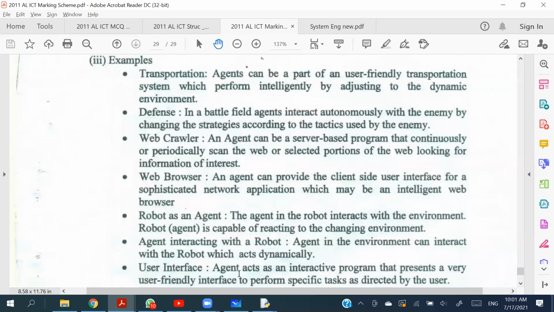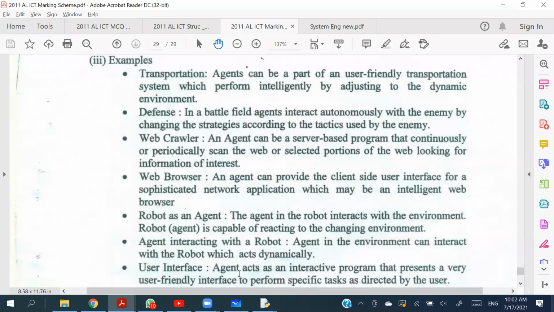In defense, for battlefield interactions, fighting strategies and all these things can be taken by the web agent or the software agent. The web crawler is a server-based program that continuously or periodically scans the web or a selected portion of the web looking for information of interest. So web crawling happens in different places, on e-commerce websites, information websites, research websites. They are just collecting the information from interacting with this content.